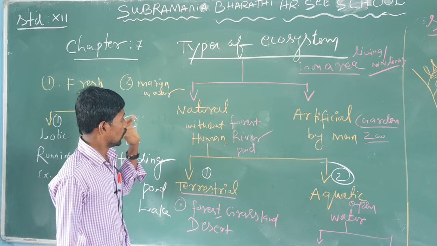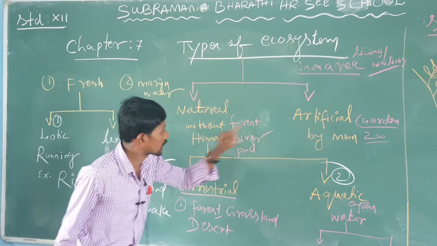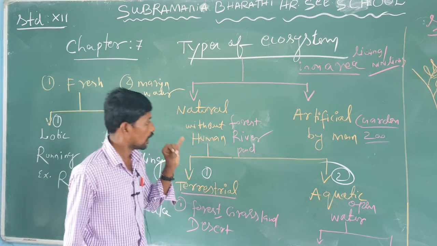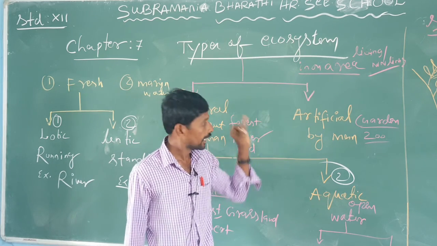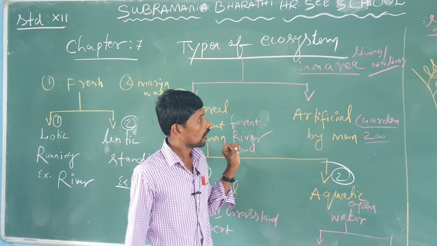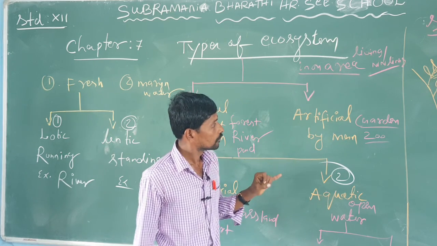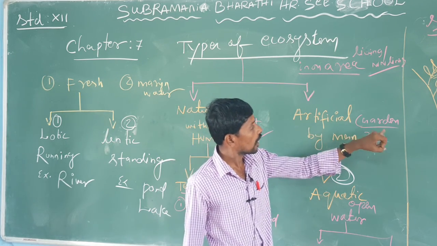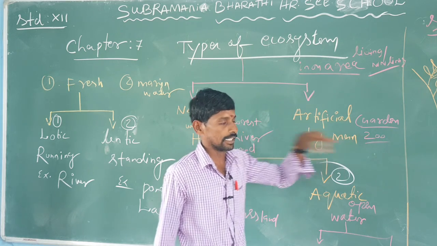Natural is without human activity, for example forest, rivers and pond. Then artificial is by human activity only, for example garden and zoological parks. Gardens or zoological parks are human activity.